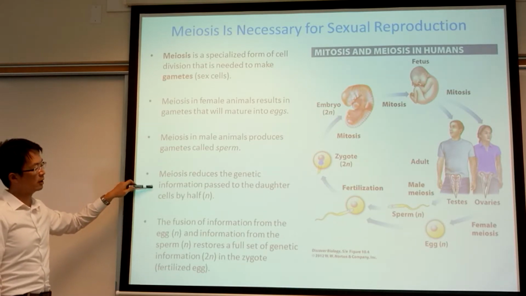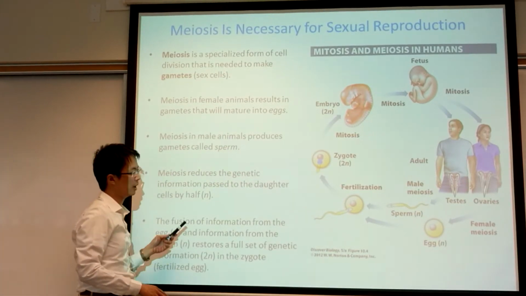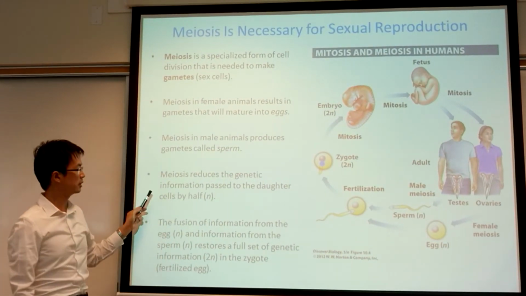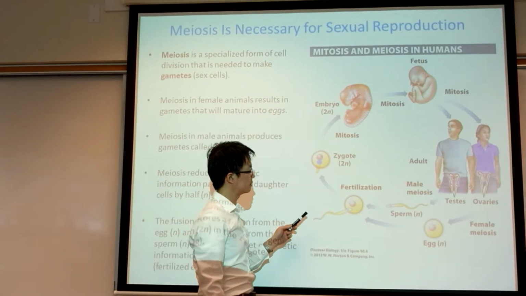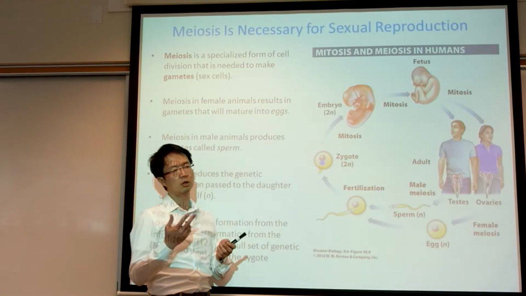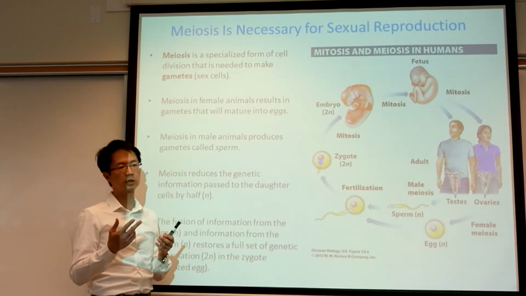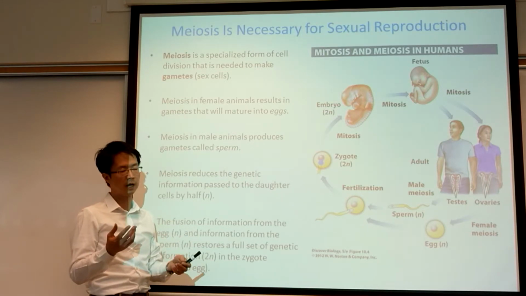One of the differences between meiosis and mitosis is that meiosis will reduce the number of chromosomes by half. Originally we have two homologous sets of chromosomes, one from father and one from mother.